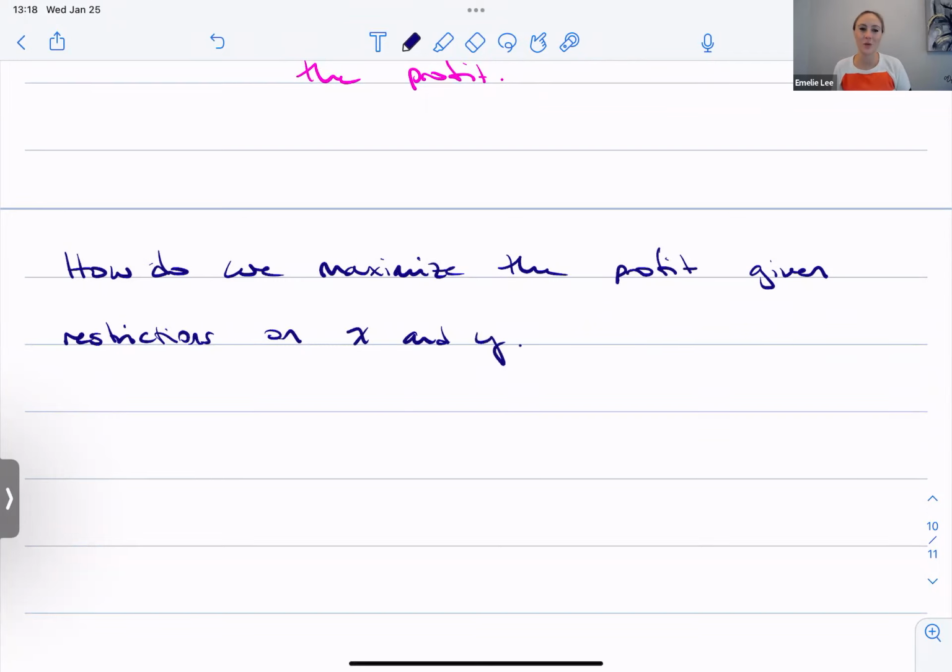If you did a linear programming course, then you could look at many inputs, but for us, we're just going to have X and Y.